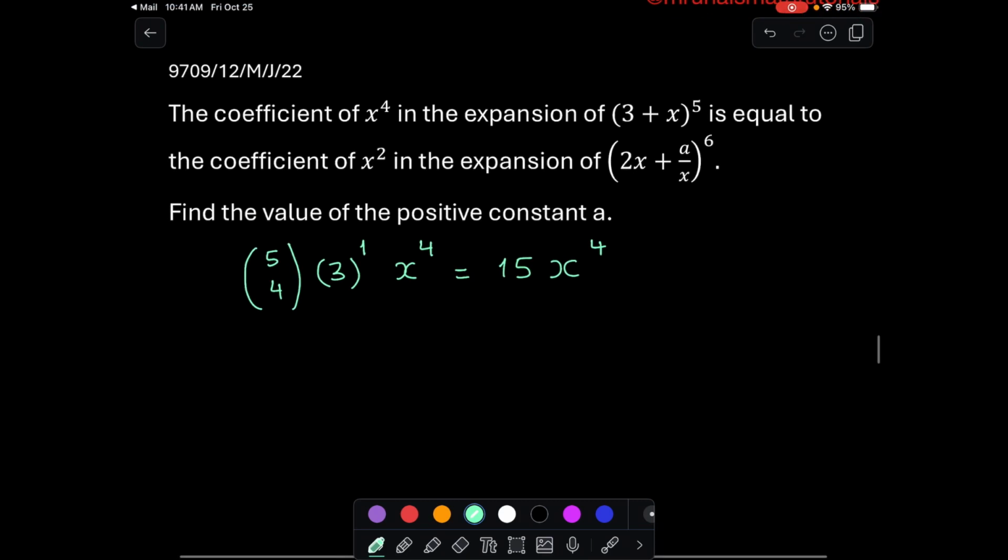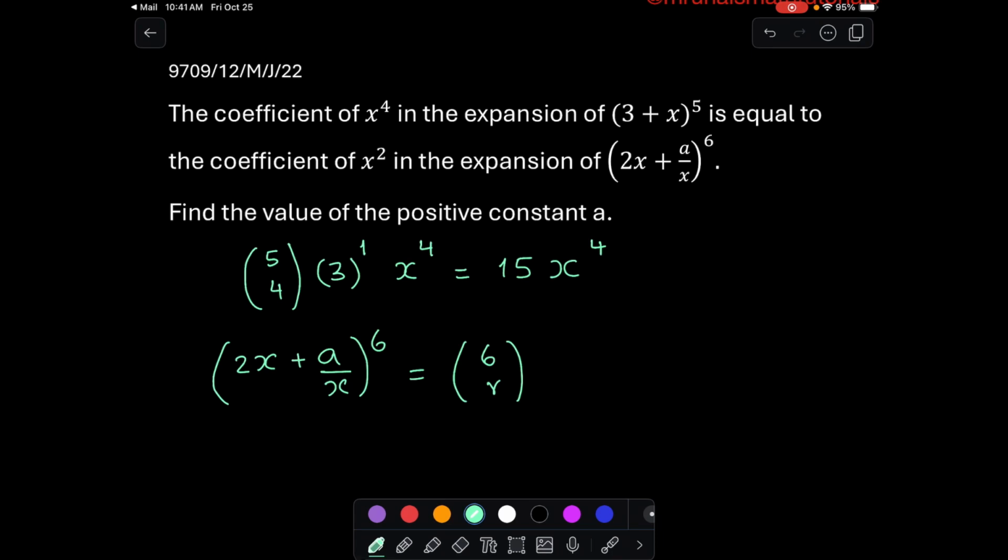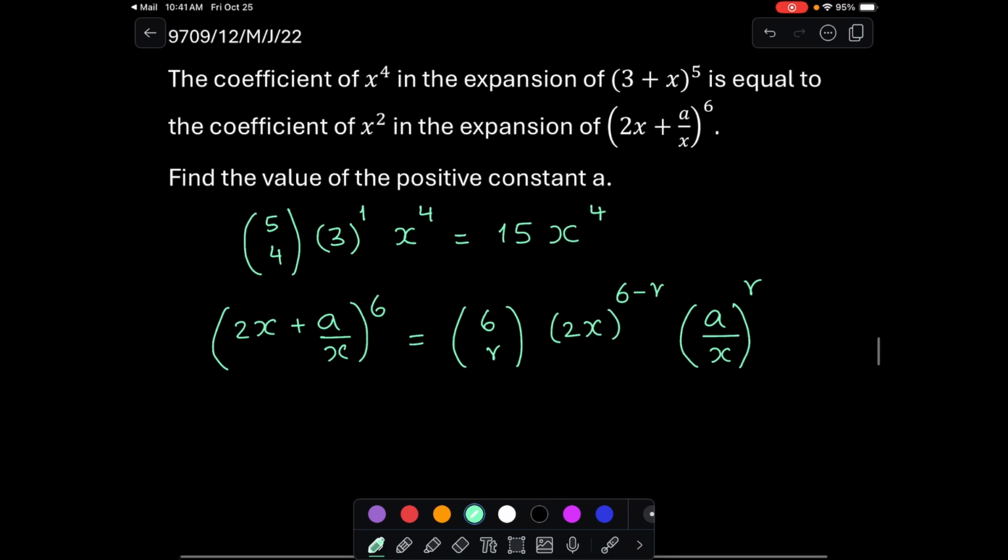Now in this expansion, the second one, which is 2x plus a over x to the power of 6, let us calculate the value of r that should give you the coefficient of x square. So that is going to be 6CR, 2x to the power of 6 minus r, a over x to the power of r.